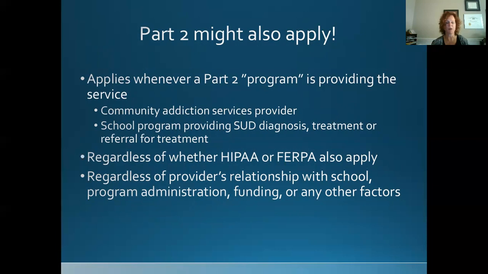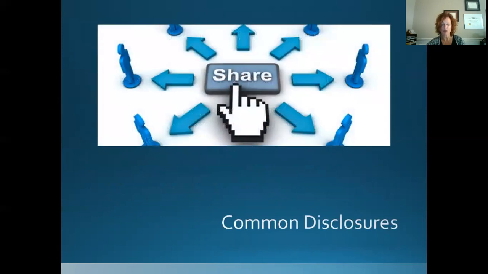So you could have HIPAA on the one end and FERPA on the other, and Part 2 could apply to one or both of them, regardless of whether HIPAA or FERPA also apply, and also regardless of the provider's relationship with the school, program administration, funding, any of those other factors. What matters is if it is a Part 2 program under the definition that we talked about early on providing the service, then the records would also be Part 2 covered in addition to HIPAA or FERPA.